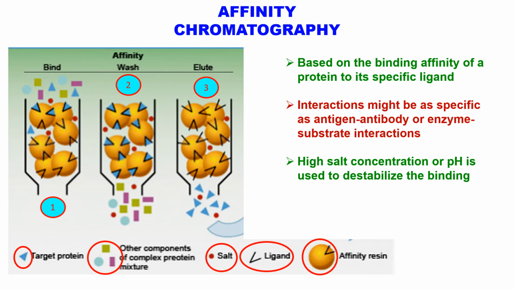It destabilizes the binding of the protein to its ligand, and eventually when there is only one protein in the column, that protein trickles down with the eluent, or the mobile phase, and it is collected. The best feature of affinity chromatography is that it is capable of providing highly purified fractions of the required target protein.